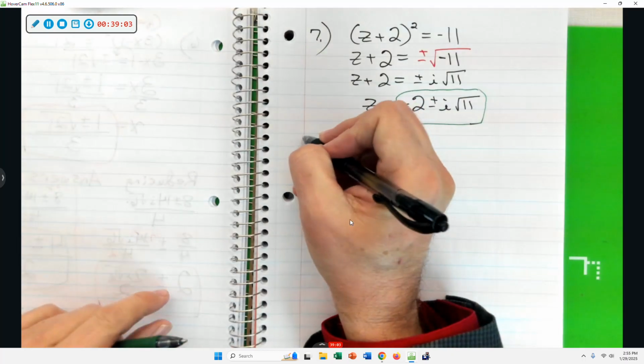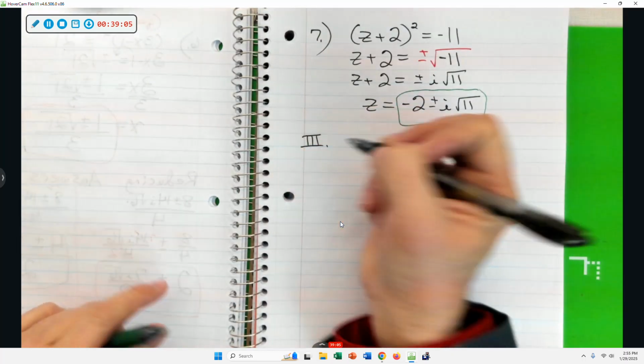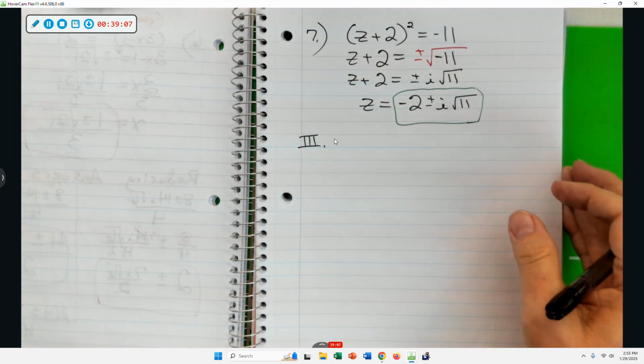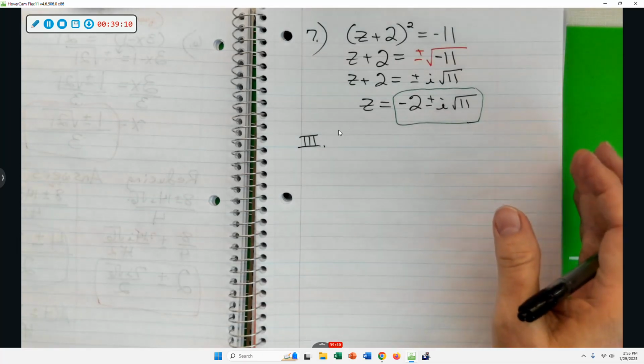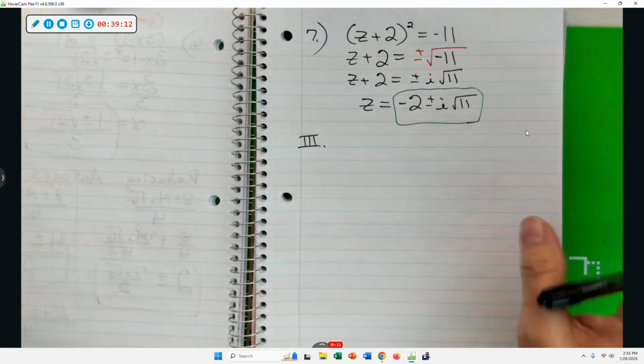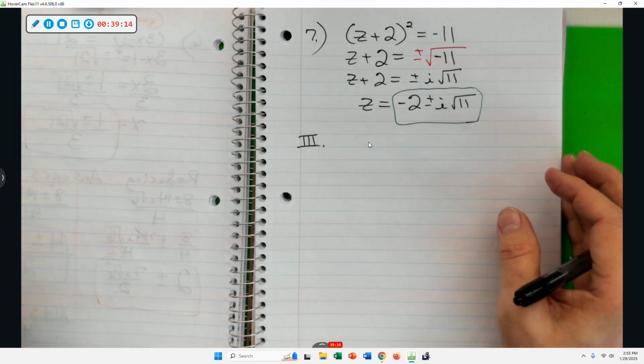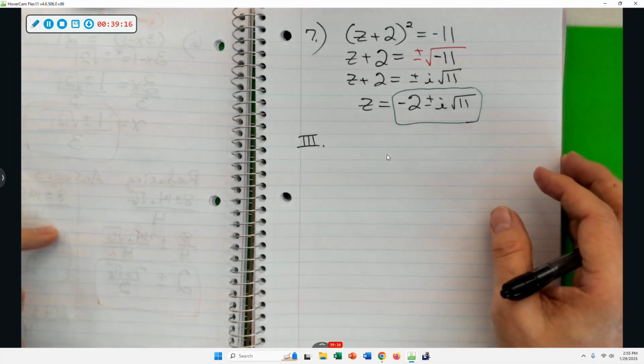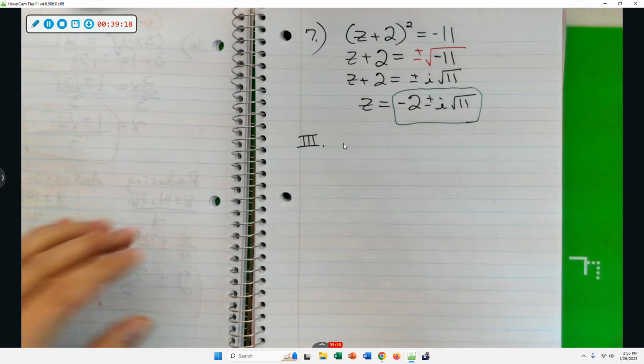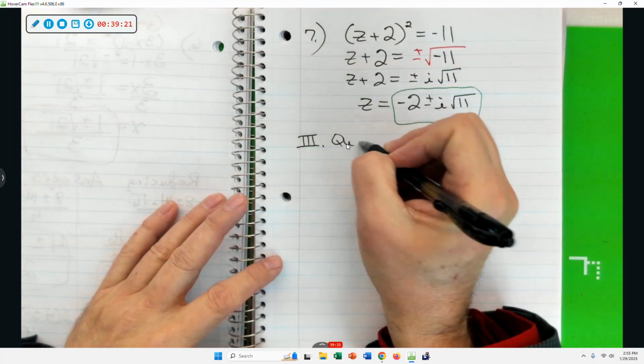Roman numeral 3. I said we're going to see 3 methods of solving quadratic equations in this class today. We'll see another one later on, completing the square. But right now we've seen factoring, we've seen the square root method, and finally we have the quadratic formula.